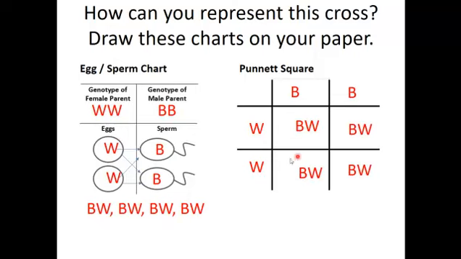So that means big B, big W, that's what our light brown snake is. That's its genotype. All of these are going to look the same. All of them are going to look light brown.